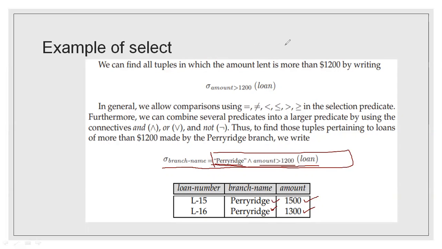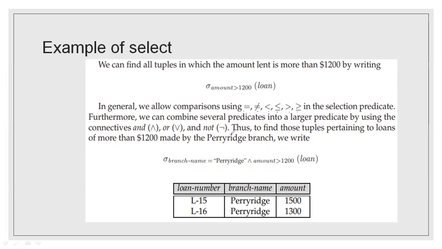Now, let me clear this. We allow comparisons using equal to, not equal to, less than or equal to, greater than or equal to in the selection predicate. Furthermore, we can combine several predicates into a larger predicate by using the connectives and, or, not.